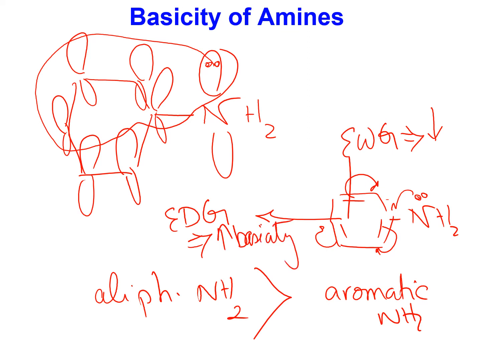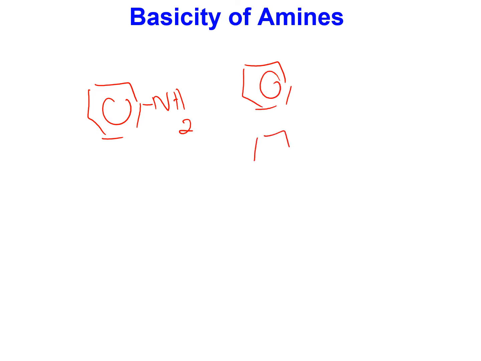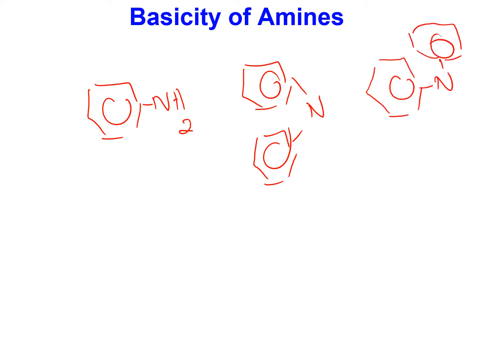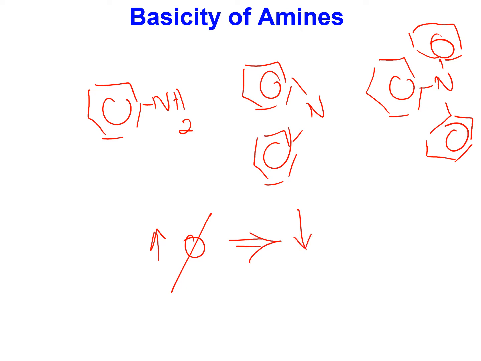If you add more benzene rings, for example, if you are comparing aniline with diphenylamine, where you have 2 benzene rings attached to the nitrogen, compared with triphenylamine, the more benzene rings you add to the nitrogen, the more you are decreasing the basicity, because you are forming more chances of resonance, and you are involving the lone pair of electrons into more resonance with the rings.